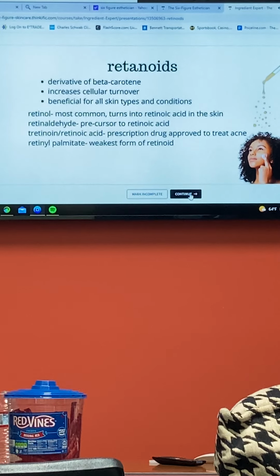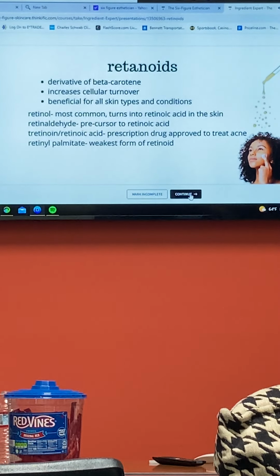So in order for retinoids to work their magic and increase all that cell turnover, boost all that collagen production, decrease fine lines, decrease acne, minimize hyperpigmentation, all that wonderful stuff, they have to be converted into retinoic acid, which binds to skin cell receptors and elicits a call to action.